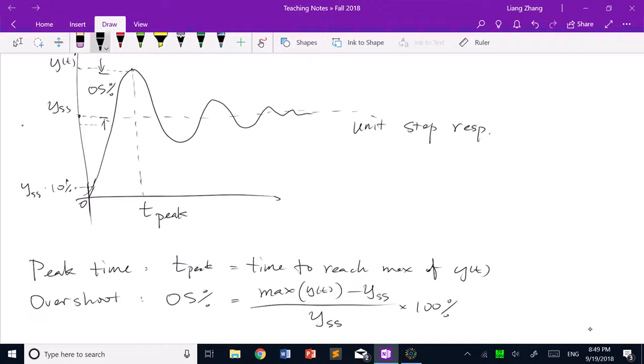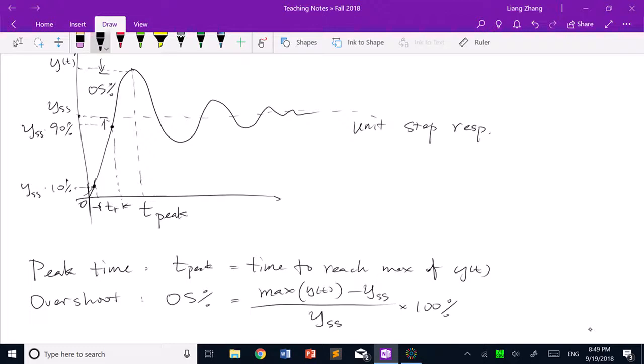I can also define a 90% level of my steady state value. Here, this is 90%, this is 10%. I want to see how much time we need to go from 10% of my steady state level to 90%.